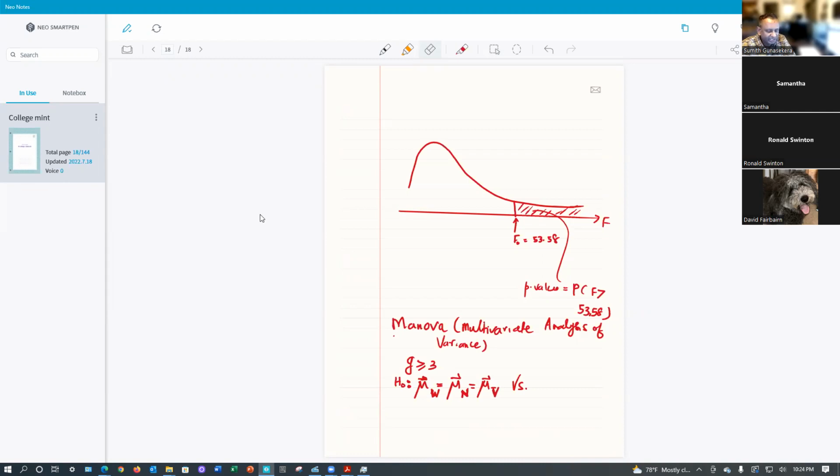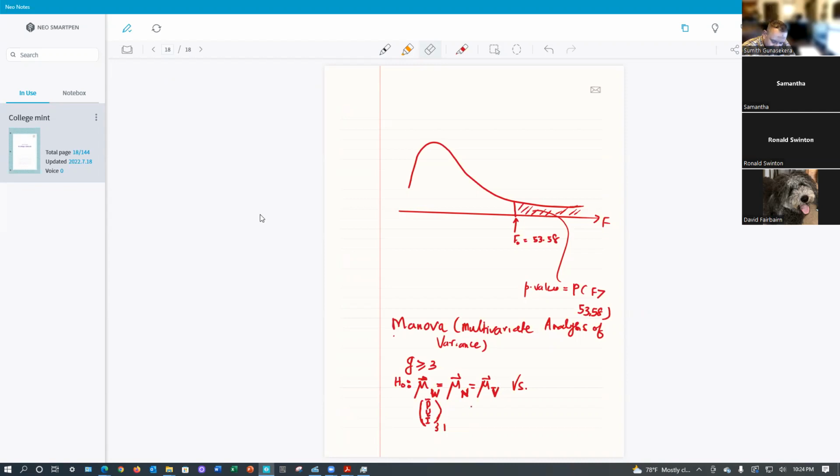Within each group, you have 3 variables. You have a difficulty variable, a usefulness variable, and what's the other one? Importance. So you're going to find its mean, so you have a 3 by 1.